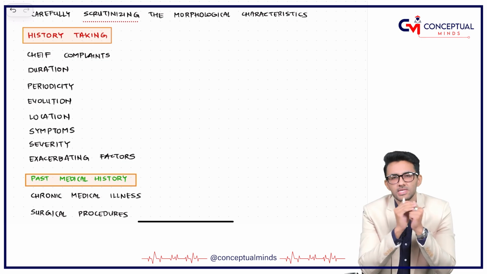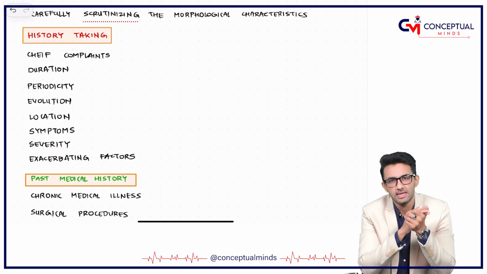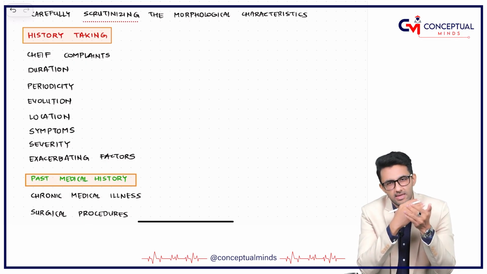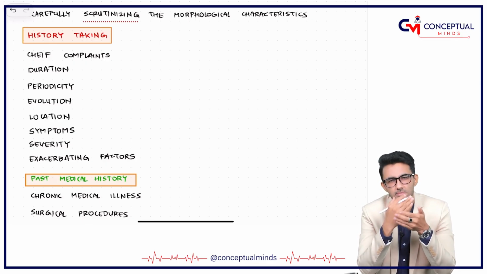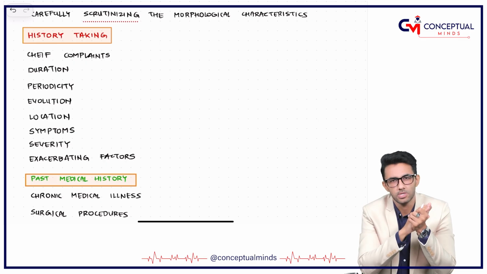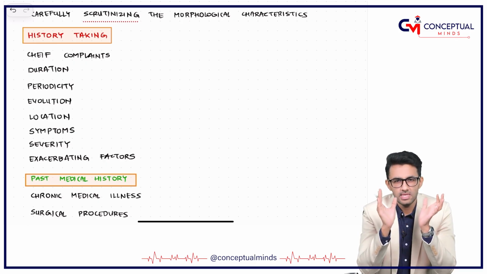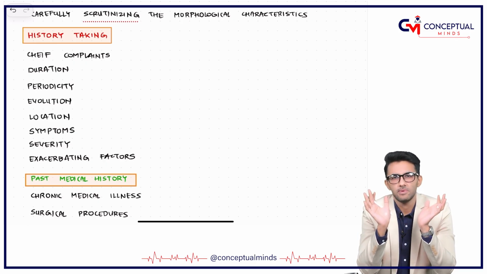Just to give an example of an occupational hazard, if a person is working in a textile industry and he is having allergies, we use the term allergy for any agent to which he has been repeatedly exposed. He comes and tells you that the whole thing is there during the week, and on weekends I'm happy.